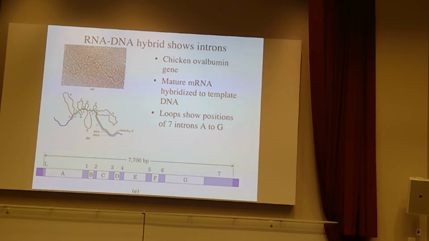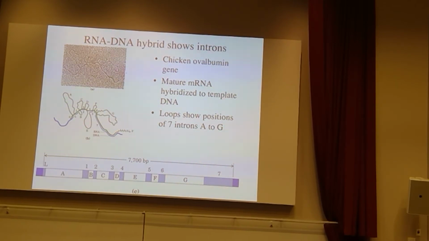You can actually make electron photomicrographs that really indicate this in a kind of a beautiful way. If you take a mature mRNA and then hybridize it to the original template DNA, you're only going to get hybrids formed where you have the exons present.